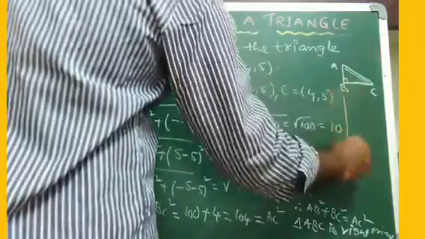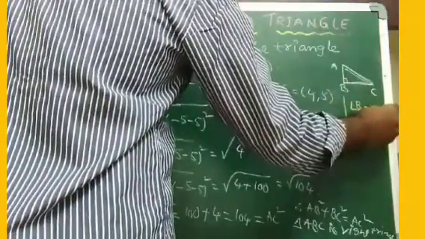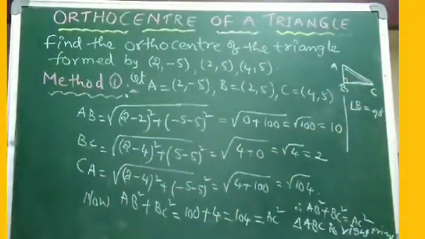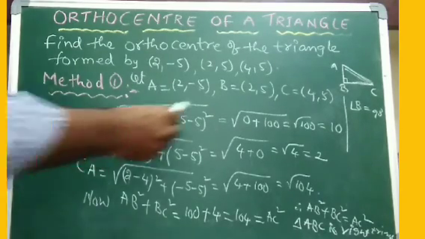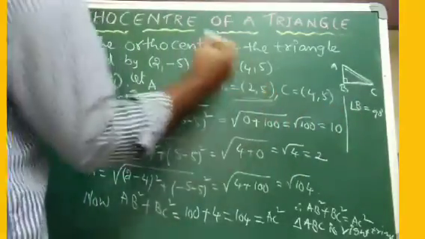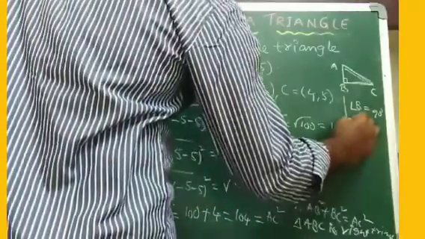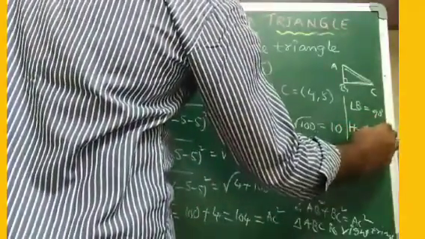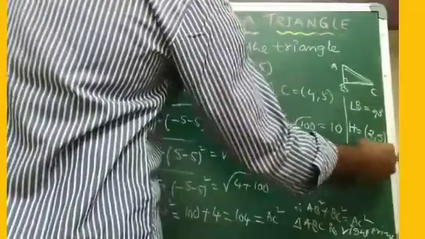Hence angle B equals 90 degrees, I mean the right angle is at B. Just now we discussed that if it is a right angle triangle, then the orthocenter is the vertex where it is 90 degrees. Therefore 90 degrees at B. What are the coordinates of B? (2, 5). Hence the orthocenter H for this triangle is (2, 5).